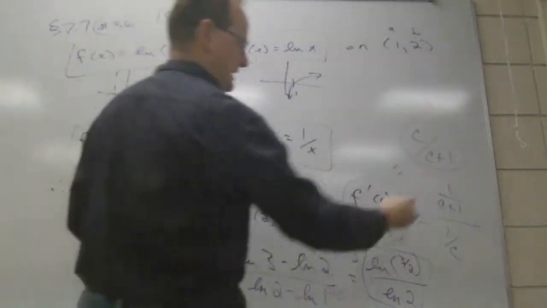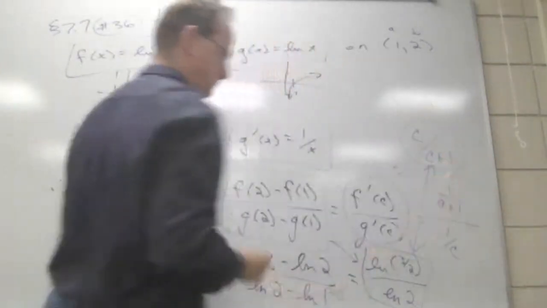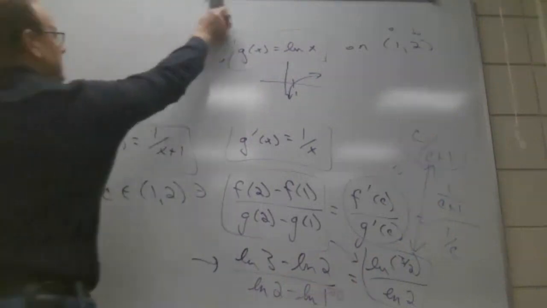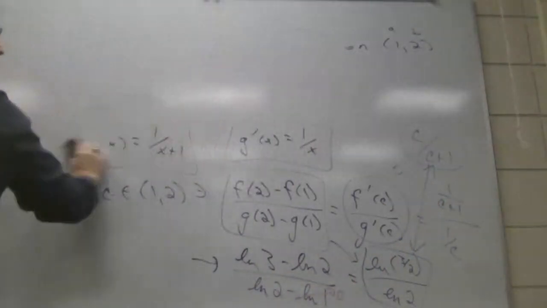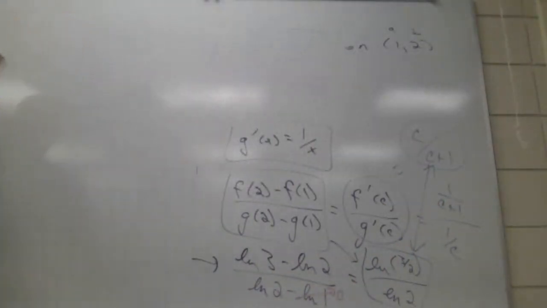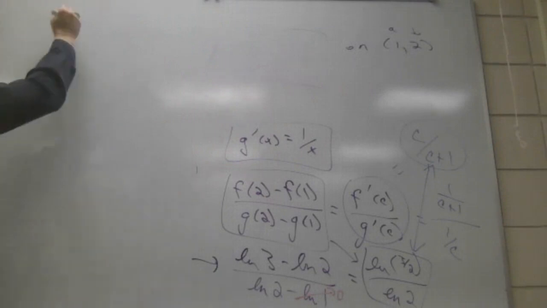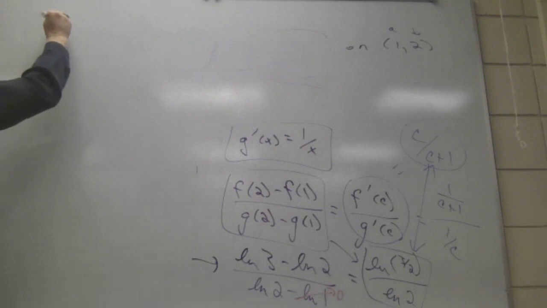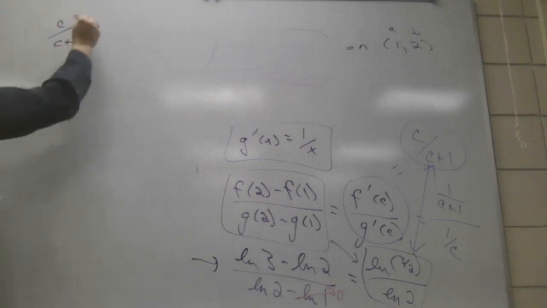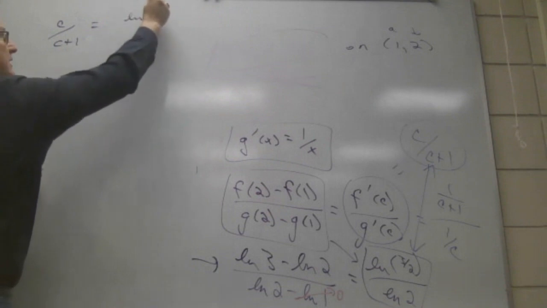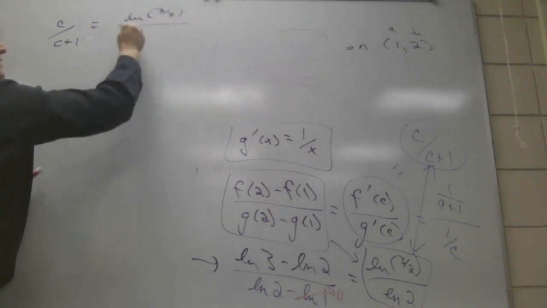And then it's just a matter of setting these two things equal to each other, right? So let's do that and solve. Okay, so I always prefer exact answers when possible. So I've got c over c plus 1 equals natural log of 3/2 over natural log of 2.